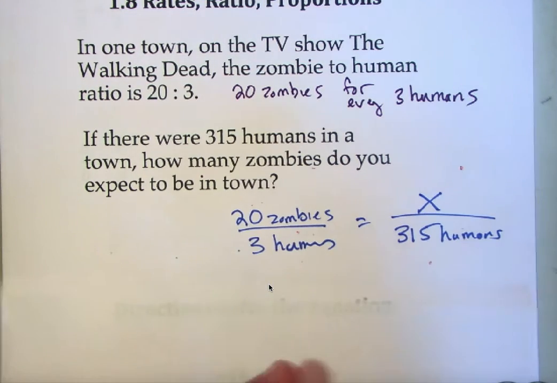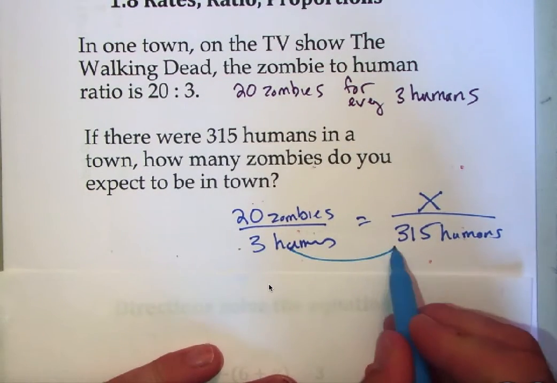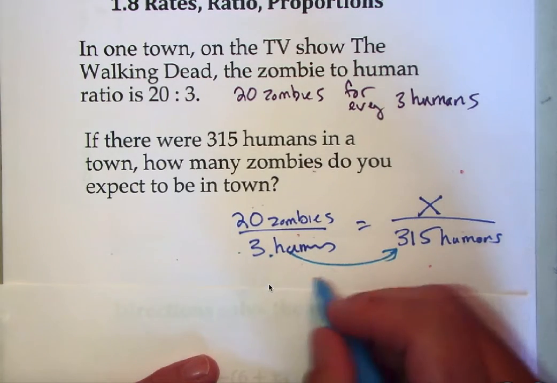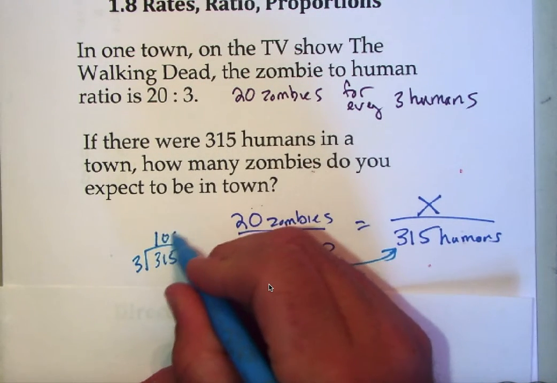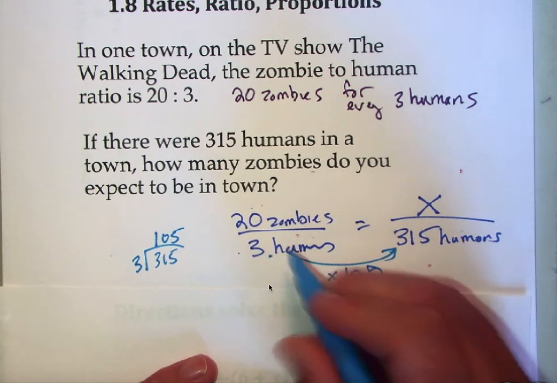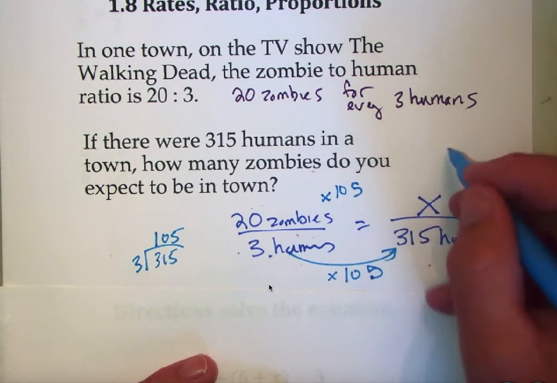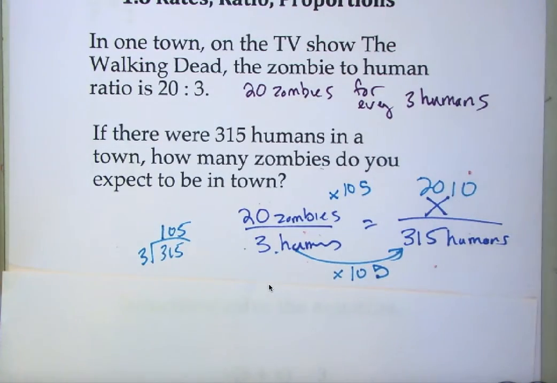And a lot of people figure it out that, well, how many humans times what gets us 315? So our multiplier is 105, and we have to do the same to the top. So we get 2010 zombies, I think.